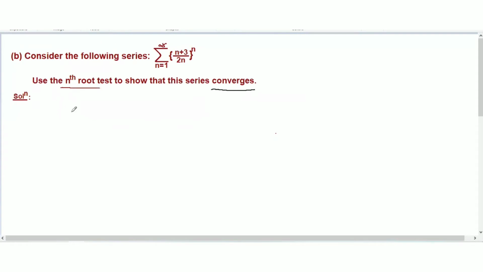So the nth root test is, we have to find this one: limit n tends to infinity of the nth root of a_n. First find out the sequence. As I said before, a_n equal to this sequence is (n+3)/2n, and this is a series of a function.